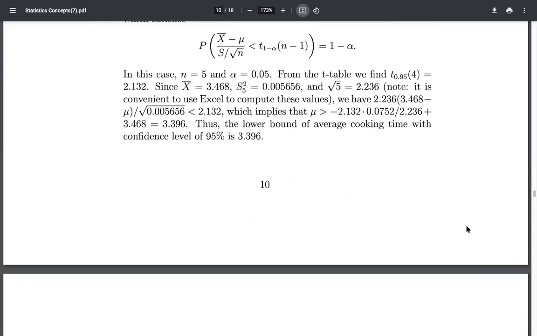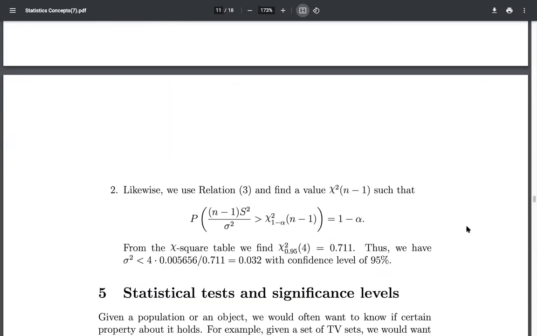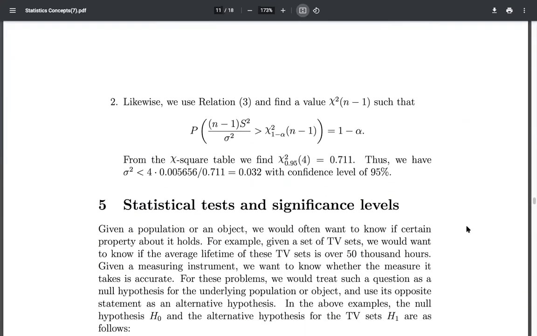Okay, so now we talk about this table. Sometimes we can use something called the chi-square table.